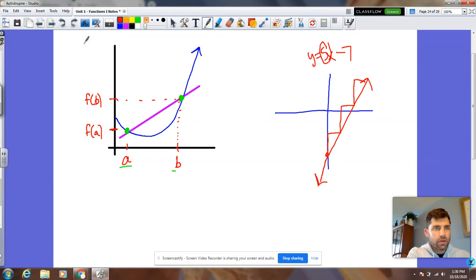So the formula, this rise over run, is really just y2 minus y1 over x2 minus x1. So literally, there's my y2, there's my y1, there's my x2, there's my x1. So we're just going to use function notation. All right, so that's all it is. It's the rise over the run between these 2 points.